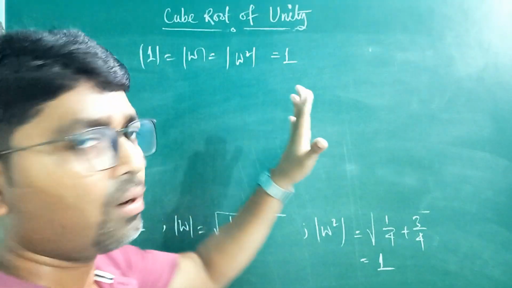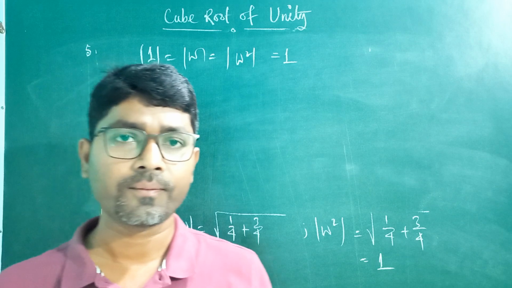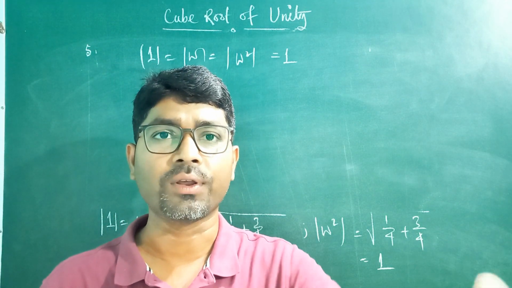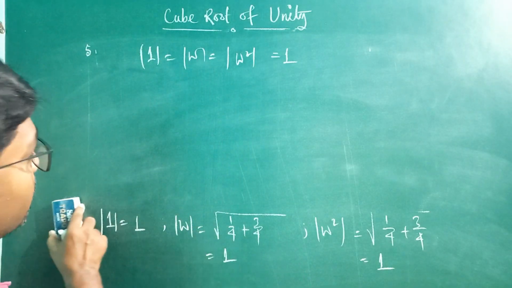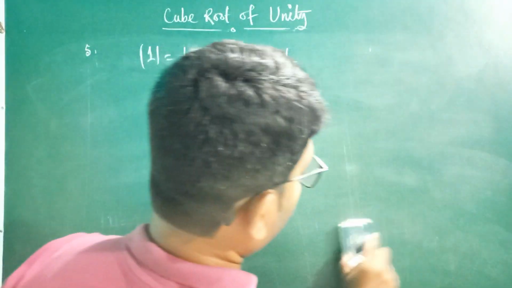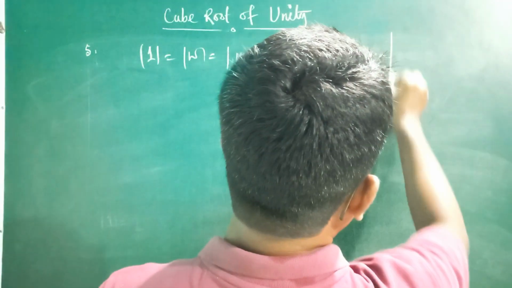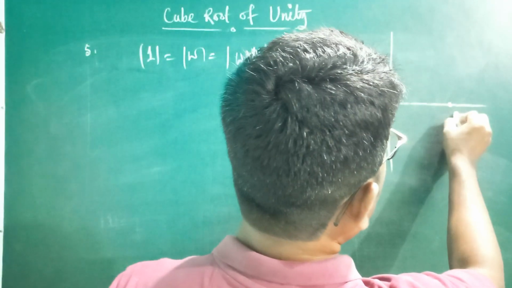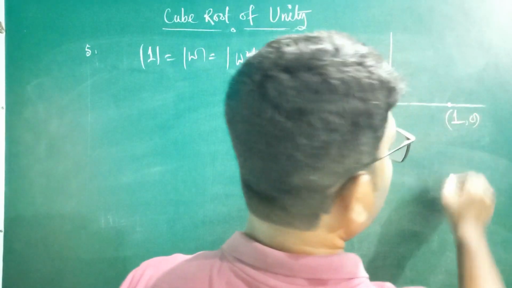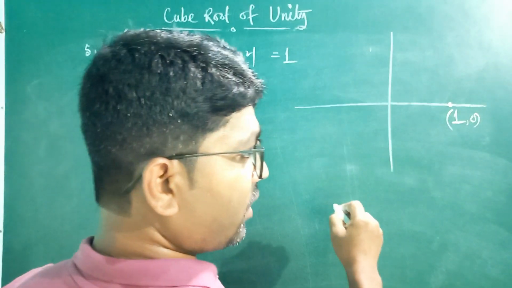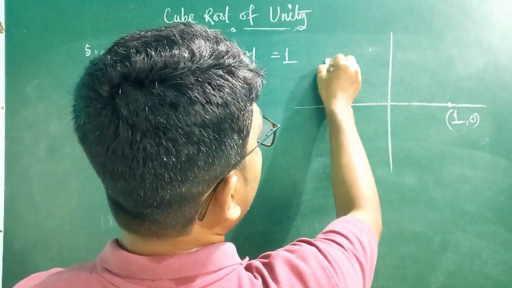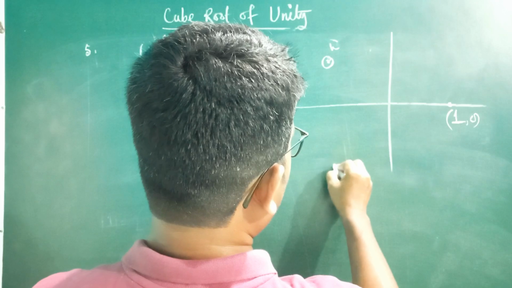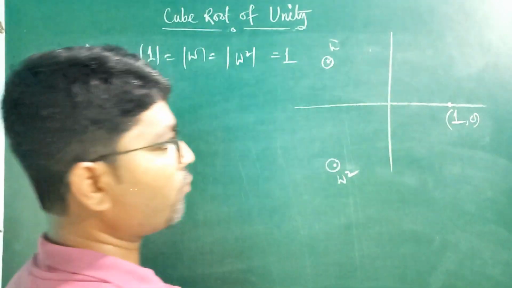You know what the modulus of a complex number means? The modulus of a complex number expresses the distance of this point from the origin geometrically. So if you plot the values in the Argand plane, here will be your 1 comma 0. Another point was minus half plus root 3 by 2, so here will be your omega, and here will be your omega square if you plot this point.